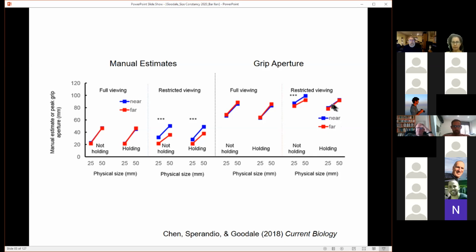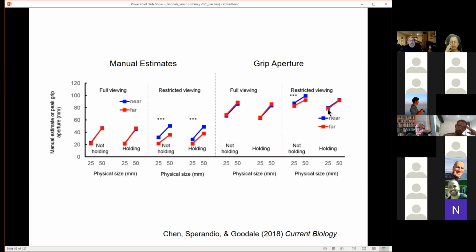That is, they get a return to grip constancy. But when they're not holding it, of course, they don't show grip constancy. They open their hand wider for closer spheres than far away spheres in this glow-in-the-dark situation when they have no distance cues, and no proprioception.